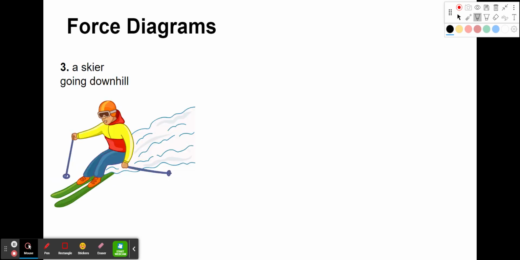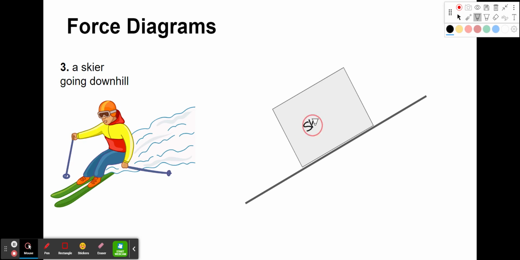And finally, let's look at this skier going downhill. Now, this diagram is slightly more tricky because I've put the skier on a slope. There is still weight, and that still acts straight down. And there will be some friction on the slope holding the skier back. And there'll also be a force from the snow or from the slope pushing back on the skier.